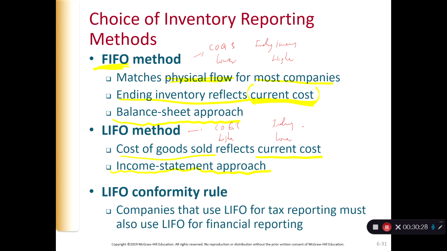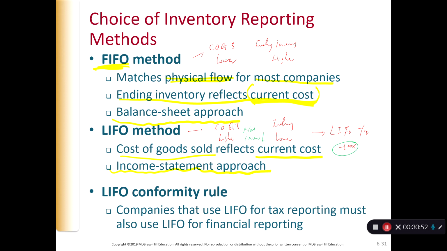So for tax purposes, you will choose LIFO, because with a higher cost of goods sold, your net income is going to be lower, so your reported net income is lower. Hence you can save a lot of tax.